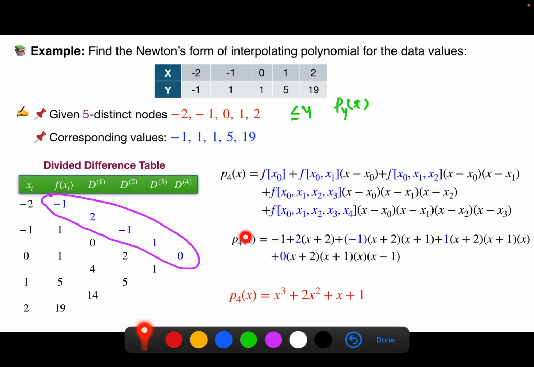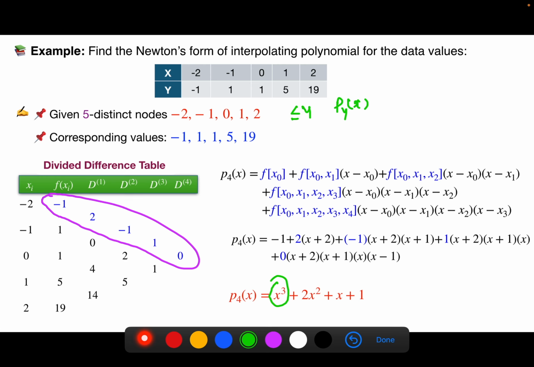After simplifying this expression, we obtain P4(x) as x cubed plus 2x squared plus x plus 1. So even though we started with 5 distinct nodes, we obtain an interpolating polynomial of degree 3.